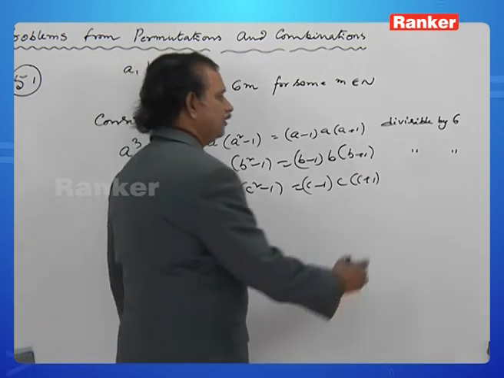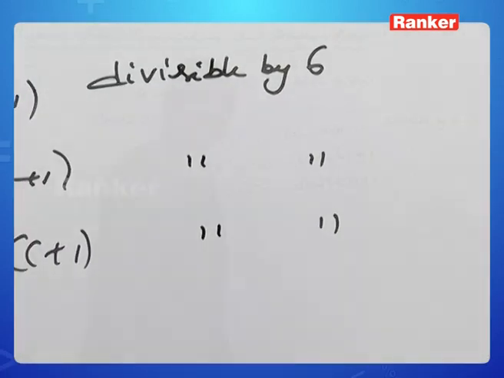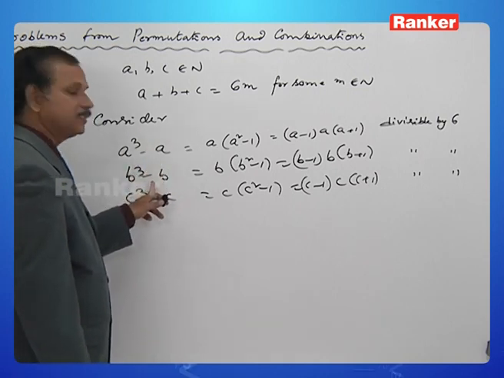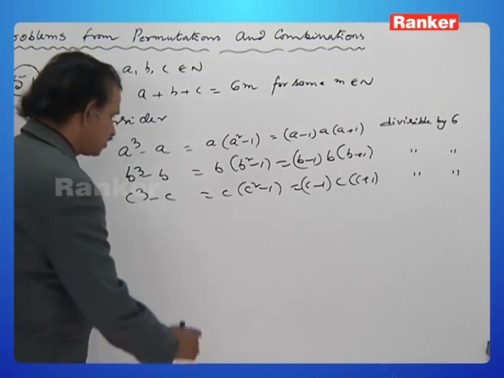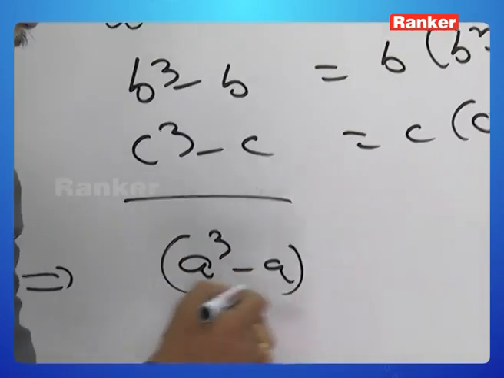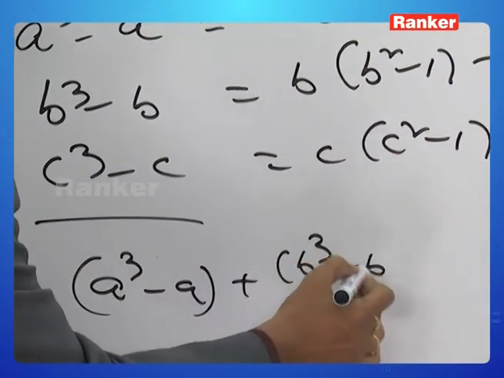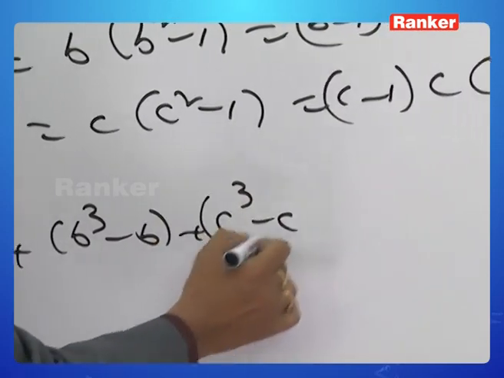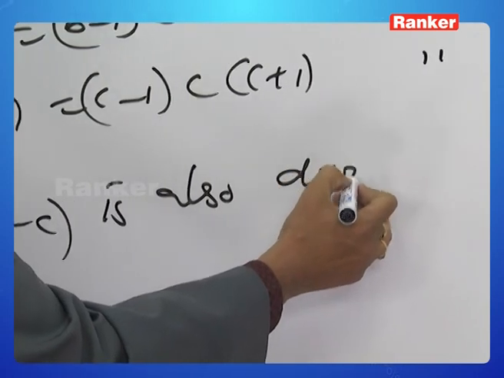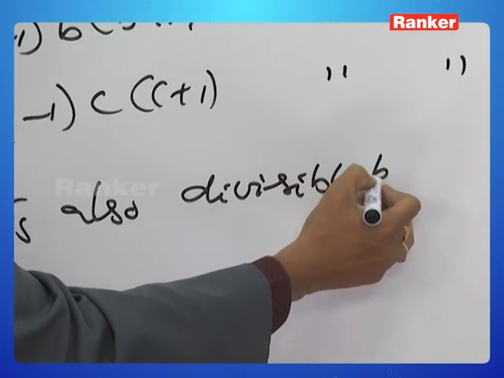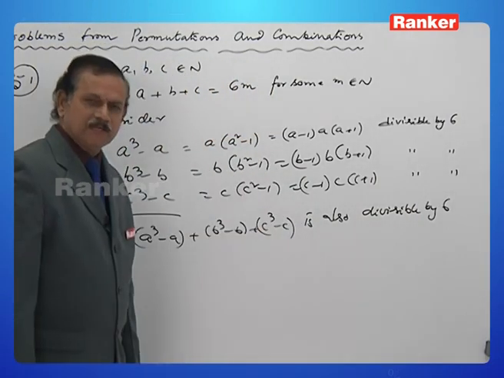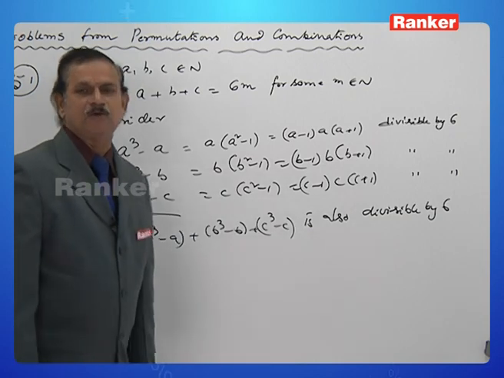Definitely, this will also be divisible by 6. Therefore, this is divisible by 6. This is divisible by 6. This is also divisible by 6. What do you say? It implies A cube minus A plus B cube minus B plus C cube minus C is also divisible by 6. As the individual numbers are divisible by 6, their sum is also divisible by 6, no doubt about it.